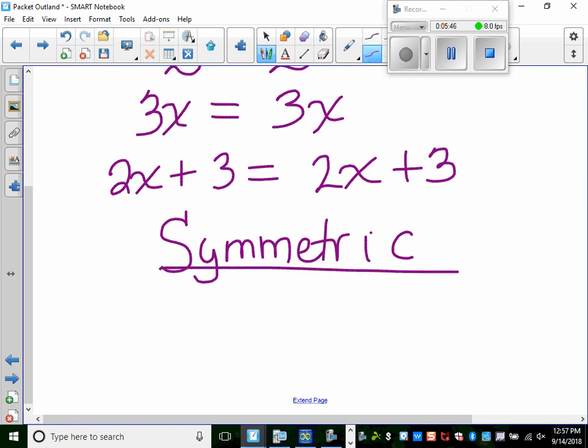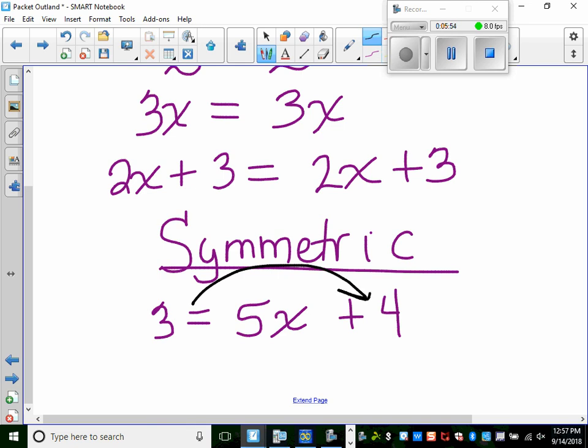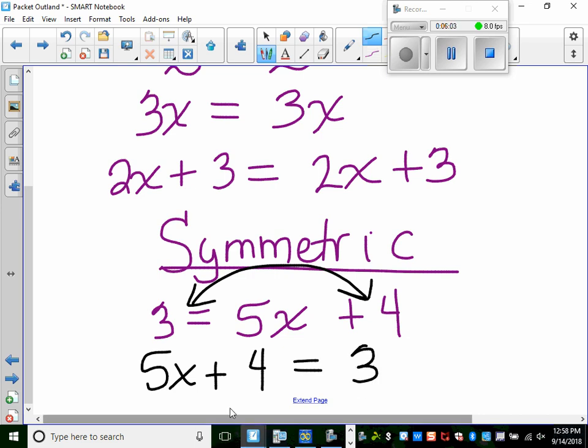Let's say we had an equation that said 3 equals 5x plus 4. I could actually switch these and say 5x plus 4 equals 3. So basically I'm just taking what's on the right, putting it to the left, taking what's on the left, putting it to the right. That is called symmetric.